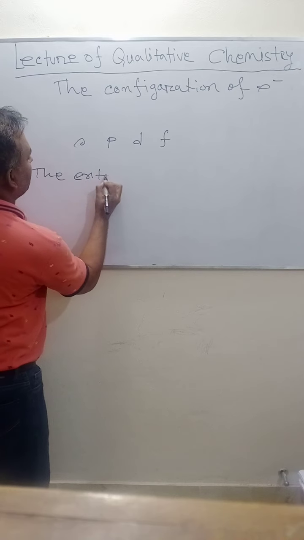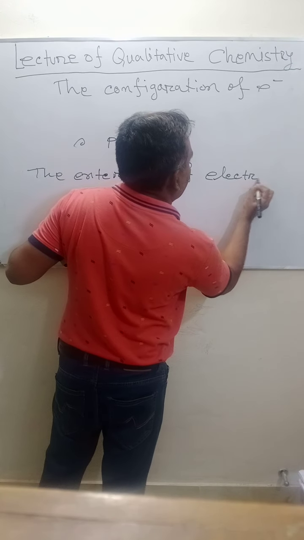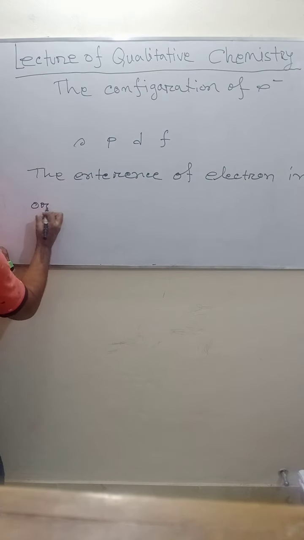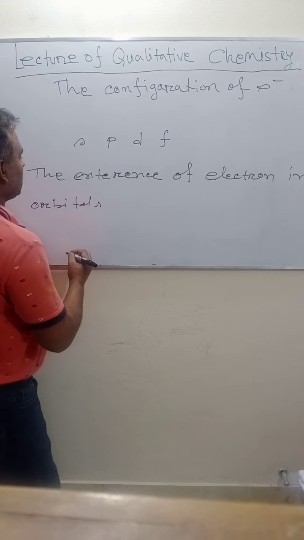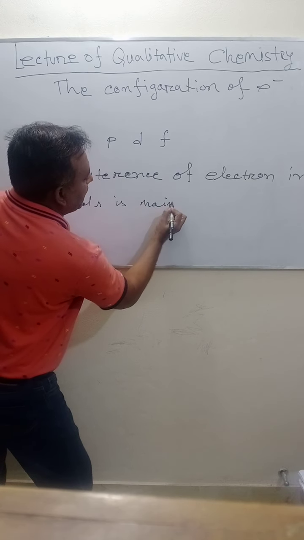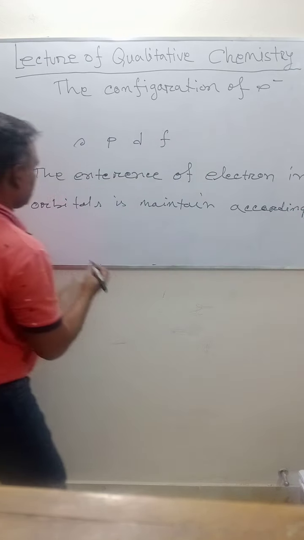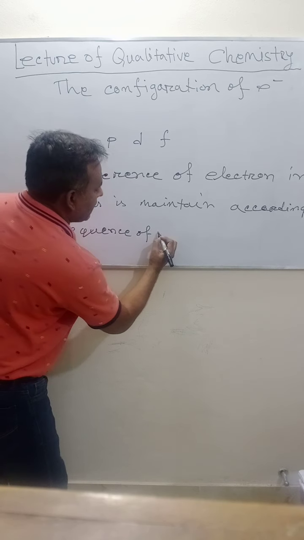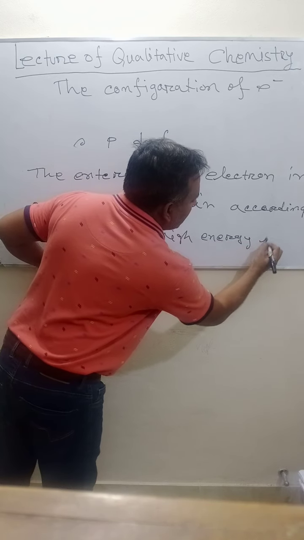The entrance of electrons in orbitals is maintained according to the sequence of energy level.